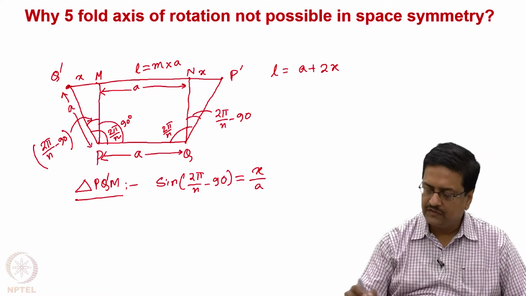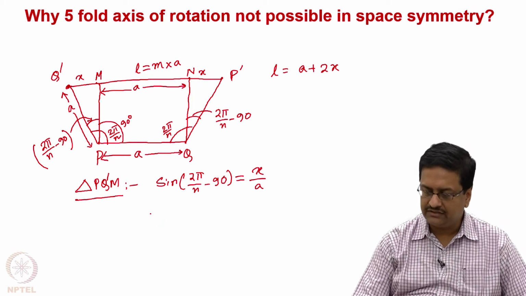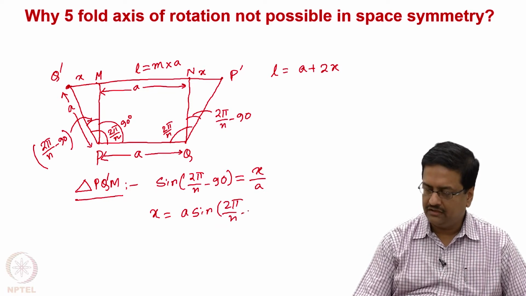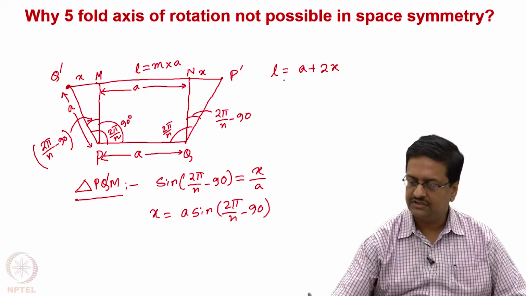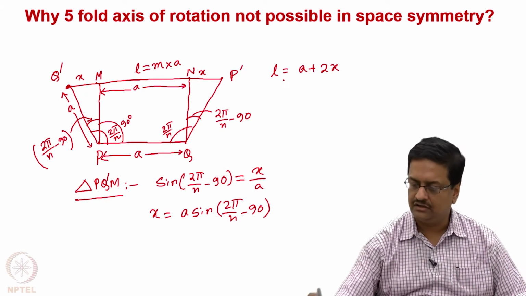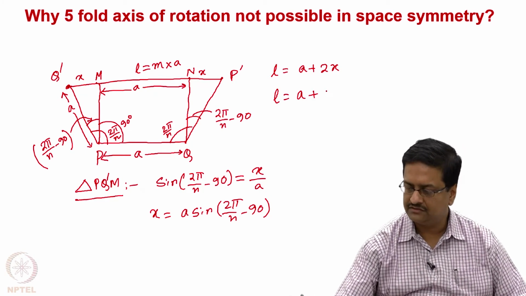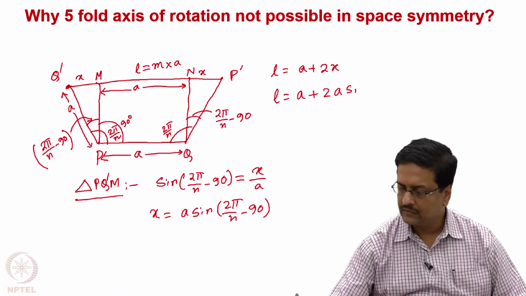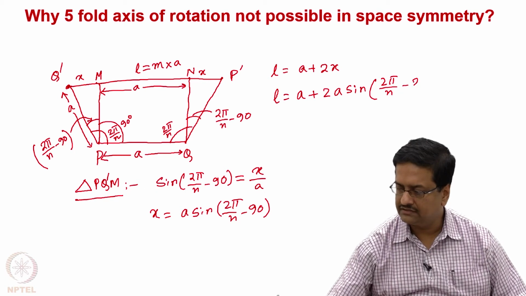Is that right? So now if we try to see what is the value of x, x equals a sine of (2 pi by n minus 90). So now from the expression that we have on the right hand side here, L equals a plus 2x, which means 2a sine of (2 pi by n minus 90).